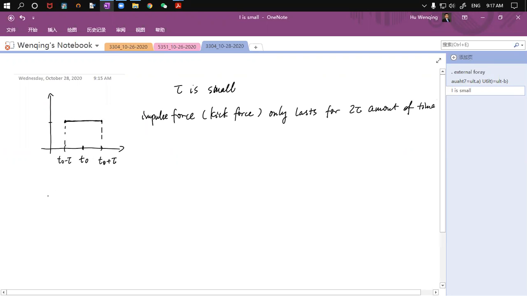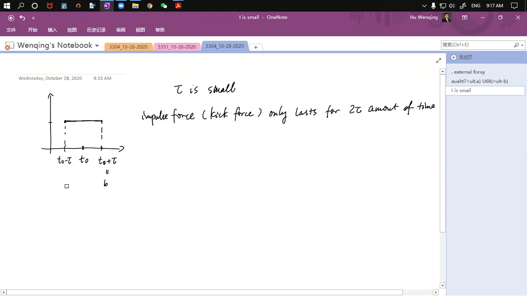That's a more precise situation, closer to practice, because we fix our time to be t0, and you just say, I kick the ball at time t0, which means that there is a small window of time during which you're interacting with the ball. So t0 minus tau serves as the previous a, and t0 plus tau serves as the previous b.